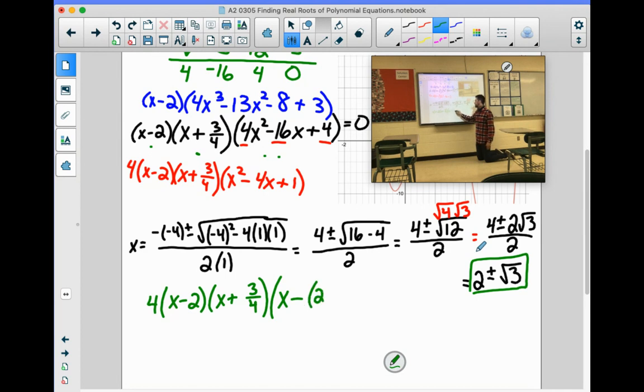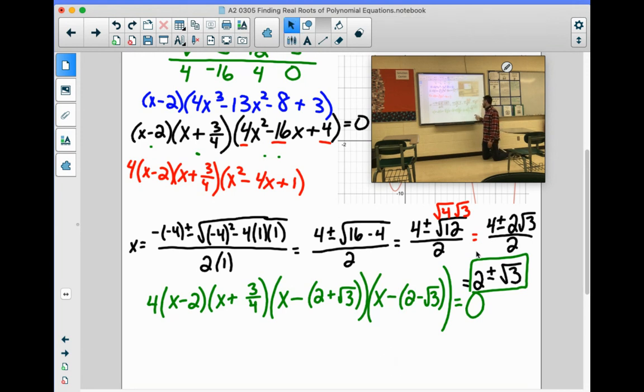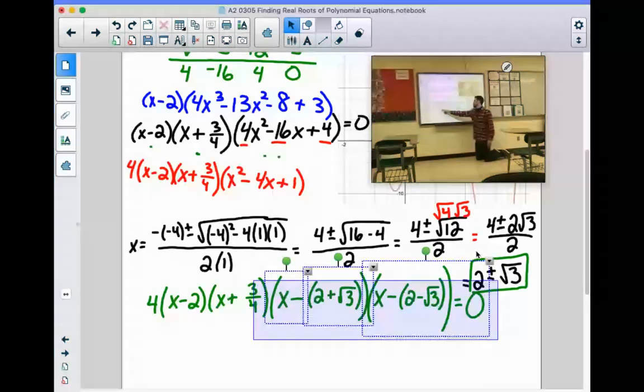So we'll put it in parentheses there. That's one of the zeros. And then remember the other 0 is the 2 minus root 3. So we'll say x minus 2 minus root 3. That looks bananas. Let me scooch all that down a little bit so it doesn't interfere.